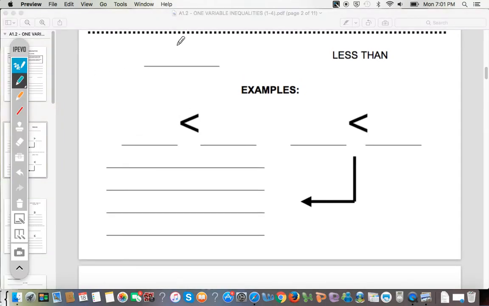Alright, so here we have the less than sign. Some examples: 1 is less than 100, let's say. And let's put w is less than 6.